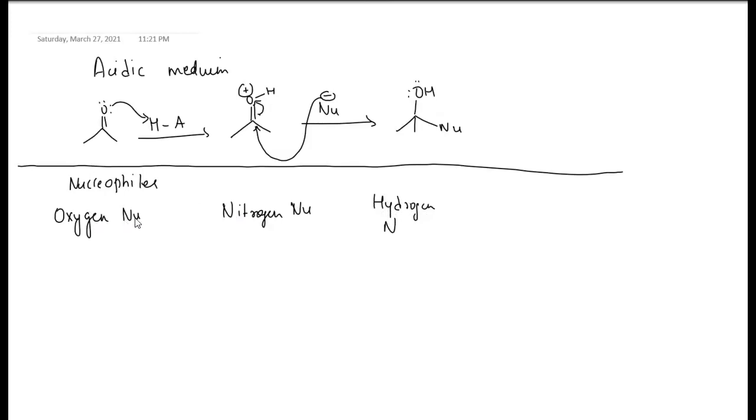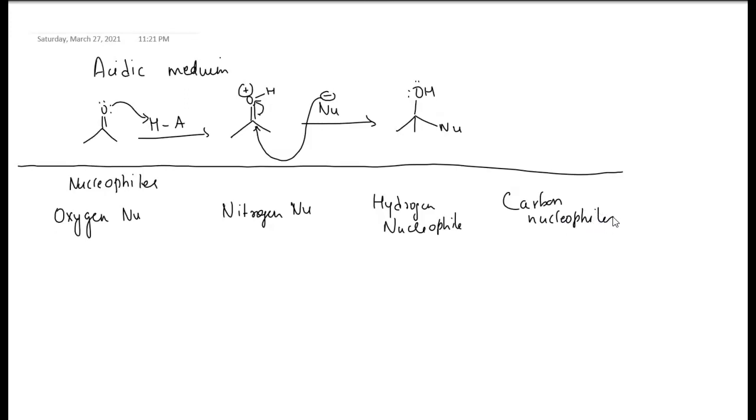When I say oxygen nucleophile or nitrogen nucleophile, it means the oxygen atom is the one that is going to behave as a nucleophile. Here it is the nitrogen, here it is the hydrogen, and the last one is the carbon nucleophiles.